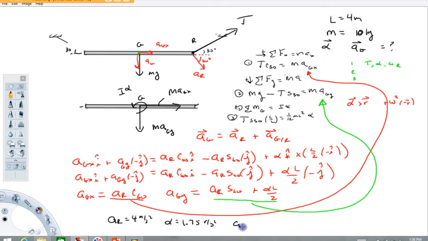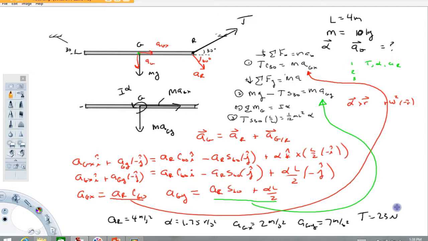I ended up with an acceleration then for g, because they're directly related. Once you have the a sub r, you would have g here. Oops, g x I mean. I believe that was 2. Yep, 2 meters per second per second. I ended up with an acceleration g y direction then of 7 meters per second and a tension of 23 newtons.